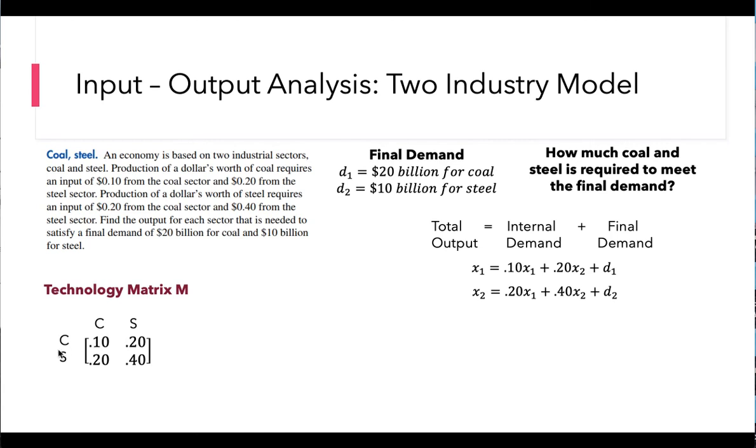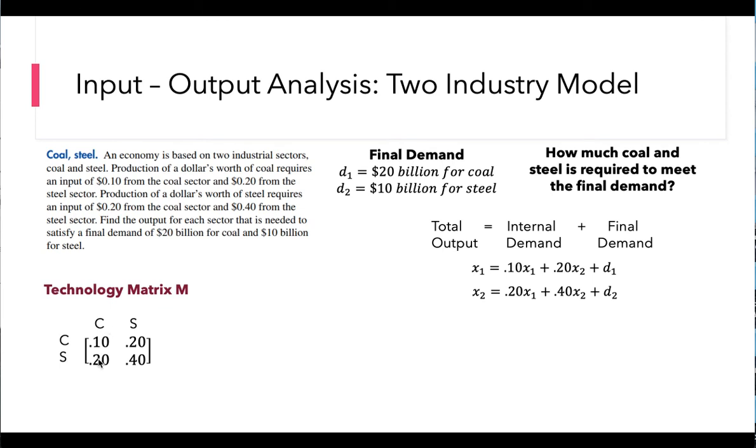So this is that idea of an input and an output. The input is coming here from the left. The output is going up. So you read that to produce an output of $1 worth of coal, we need an input of 10 cents worth of coal. To produce an output of $1 worth of coal, we need an input of 20 cents of steel.